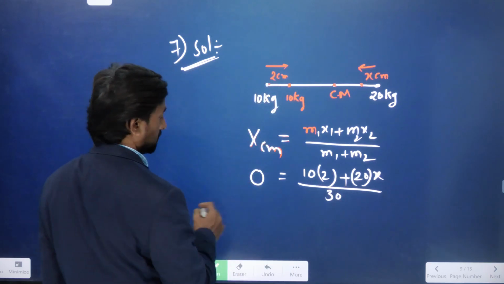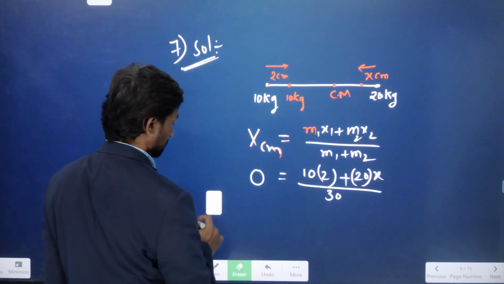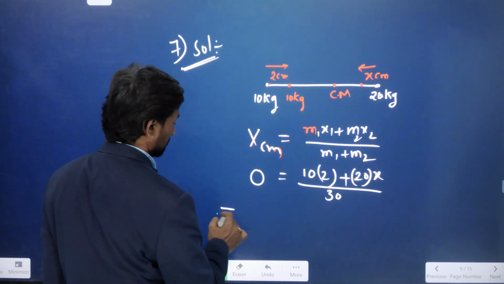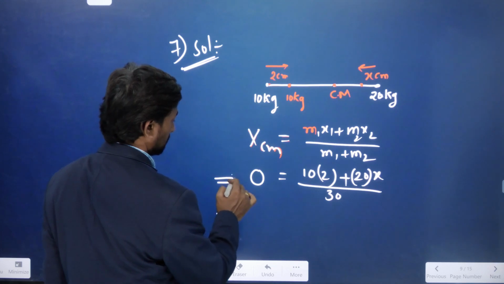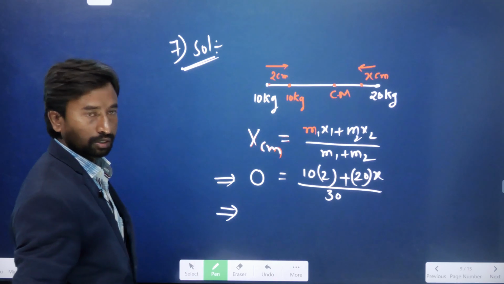Sending the 30 to the other side, it becomes 0.